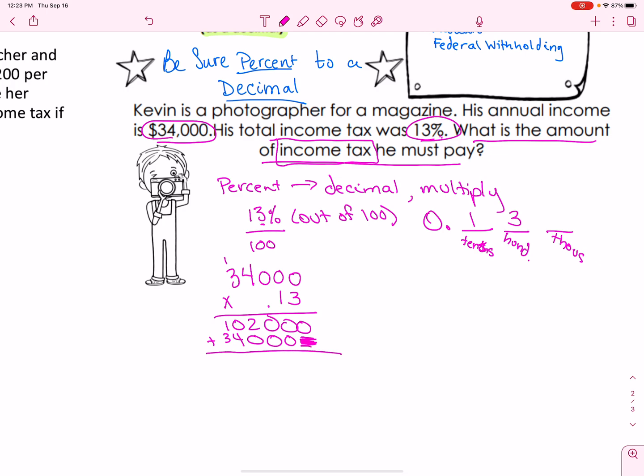And we're going to add those together. I will tell you, graph paper helps immensely with multiplication problems like this. All right, we have 2 numbers behind the decimal, and that is where our decimal point will go. So Kevin has to pay $4,420 in taxes.